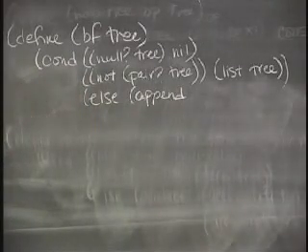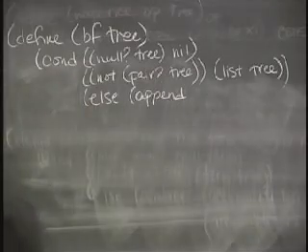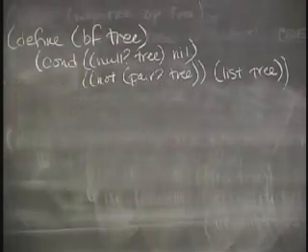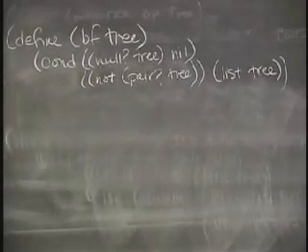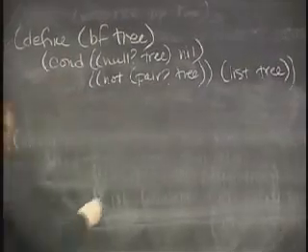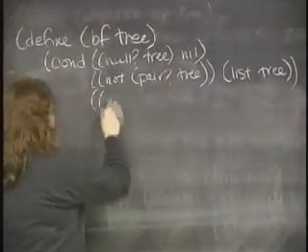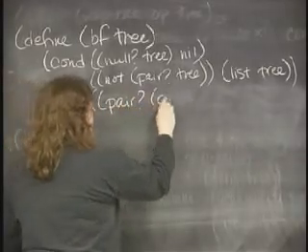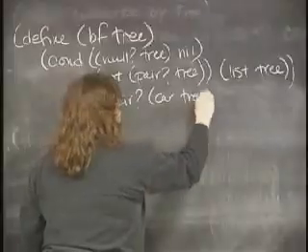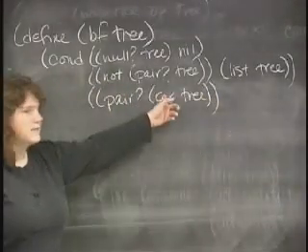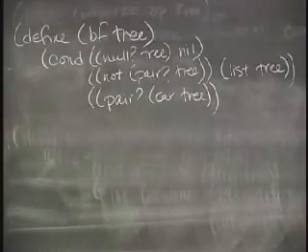Okay, what are we appending? Actually, have we finished yet? That's not right. Car pair. Because if we've gotten to this part of our cond, we can safely take the car of the tree, right?